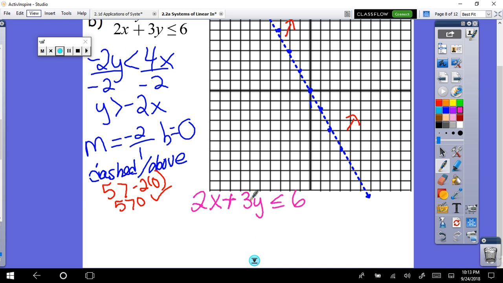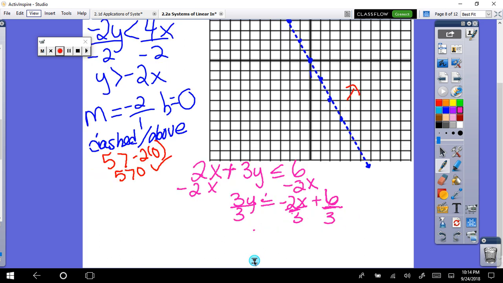So I'm going to start by isolating the y variable and subtracting 2x. So we're going to get 3y less than or equal to -2x plus 6. Get the y by itself, divide by 3. I did not need to flip my inequality this time because I only subtracted the 2x and then I divided by a +3.